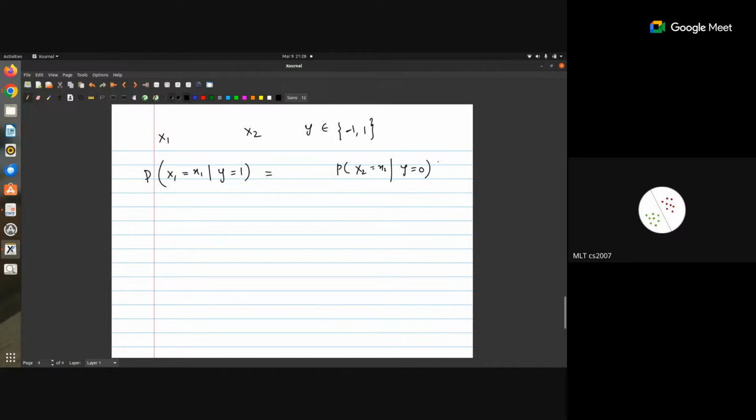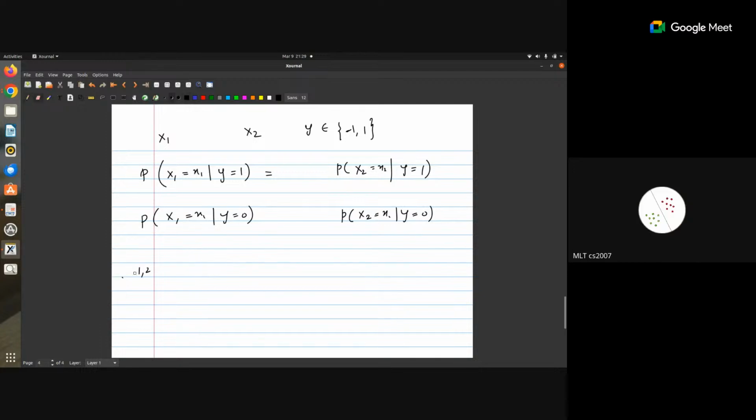The probability that x2 equals x2 given that it's positive, and given y equals 0. In our terminology, how do we write this? We generally write pj, with j equals 1 and 2 here, pj1, and that is equal to this, right? Is it correct? I'm writing whatever I'm writing.